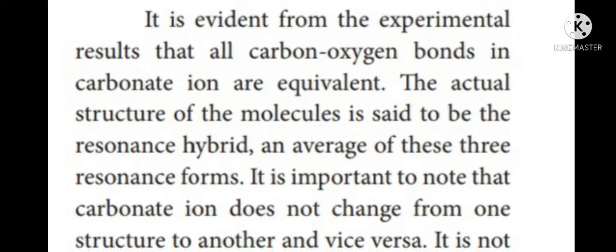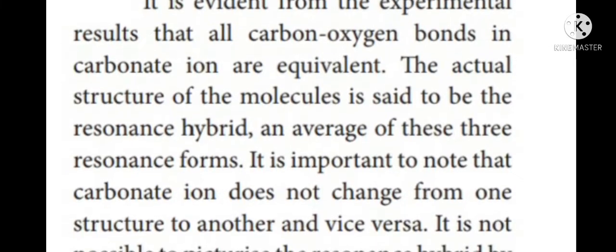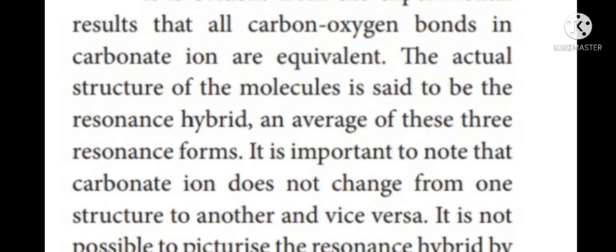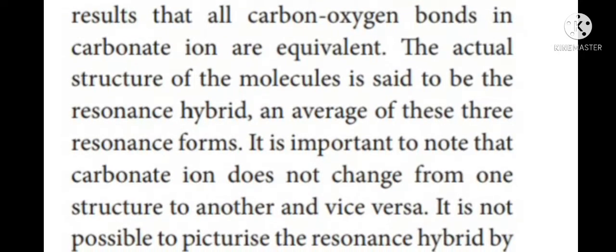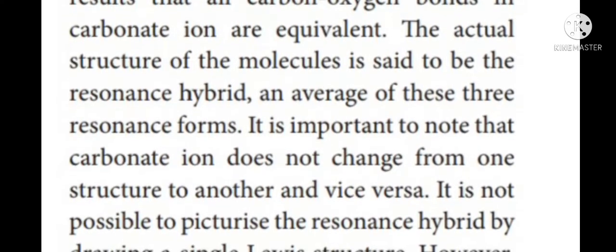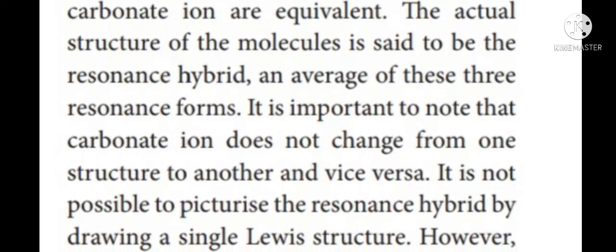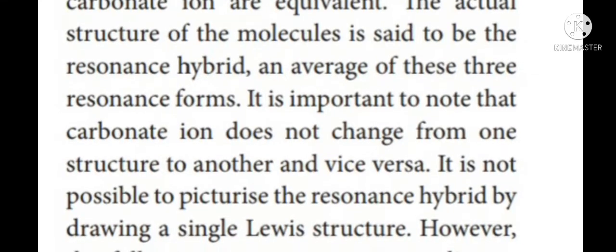It is evident from the experimental results that all carbon-oxygen bonds in carbonate ion are equivalent. An average of these three resonance forms gives the actual structure of the molecule. It is said to be the resonance hybrid.